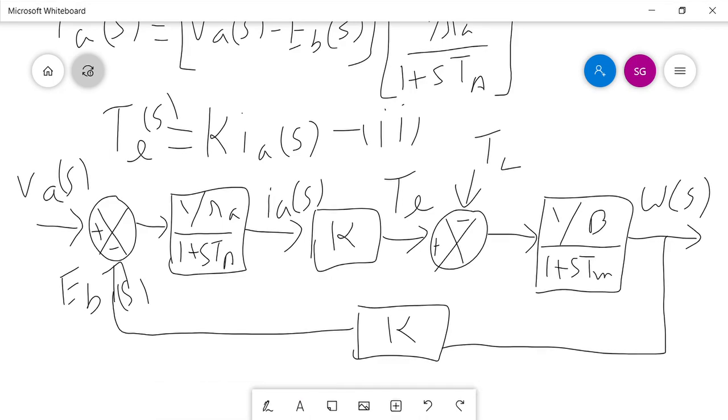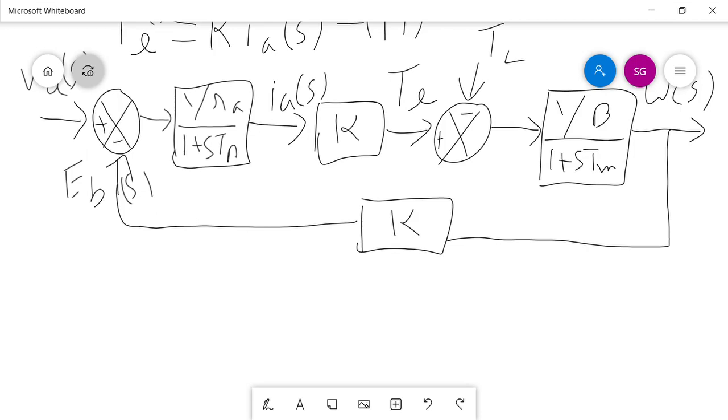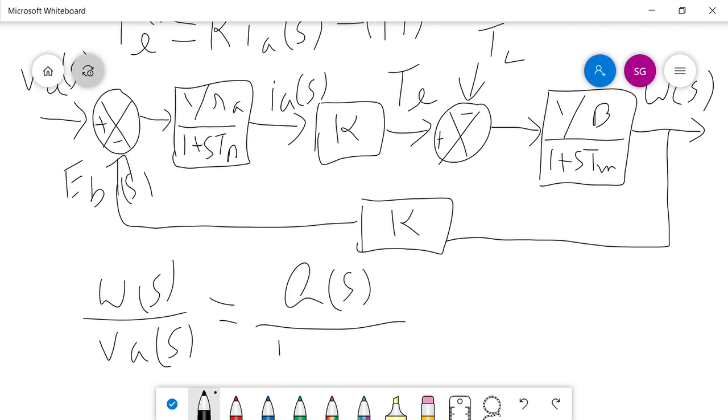Okay, now we can just write the transfer function. Omega S upon VS, how can we write it? This will be GS, the open loop gain, upon 1 plus HS into GS.